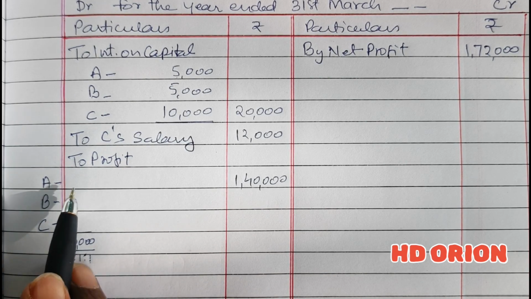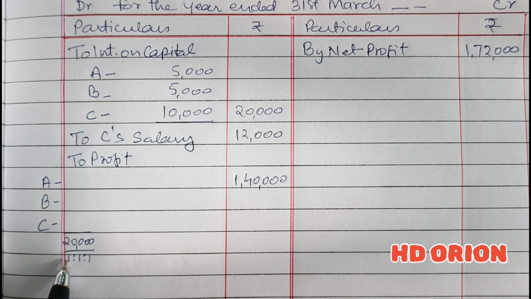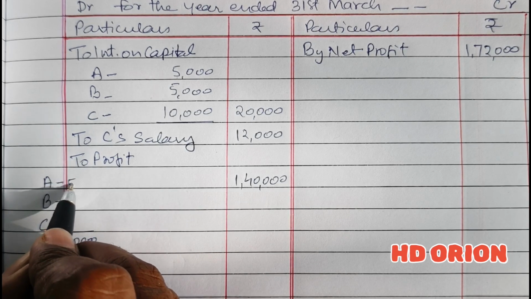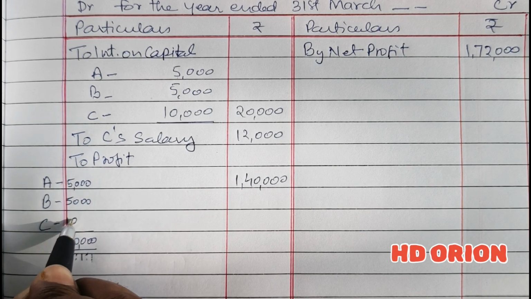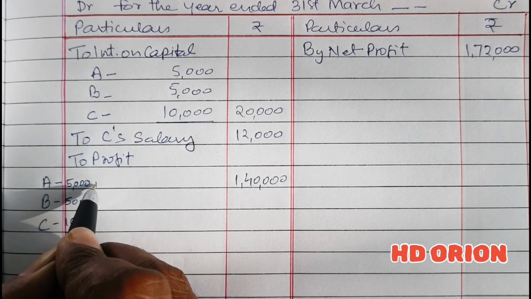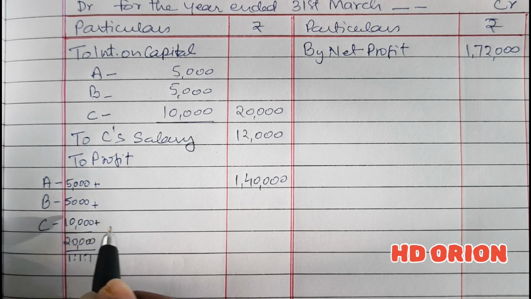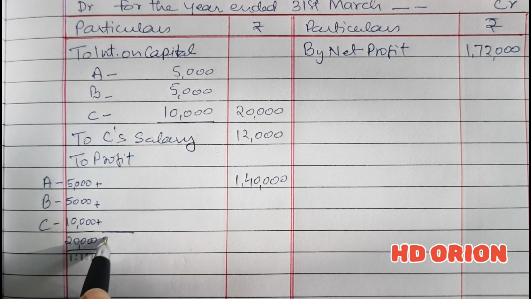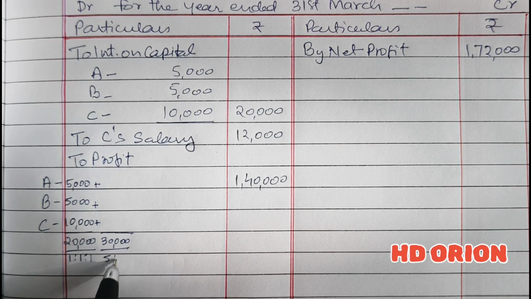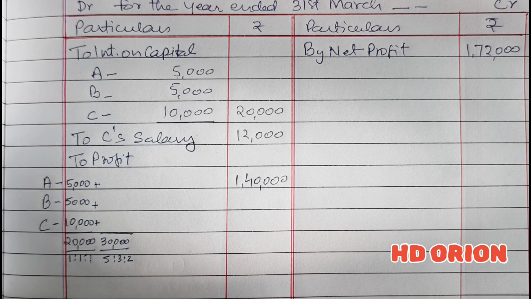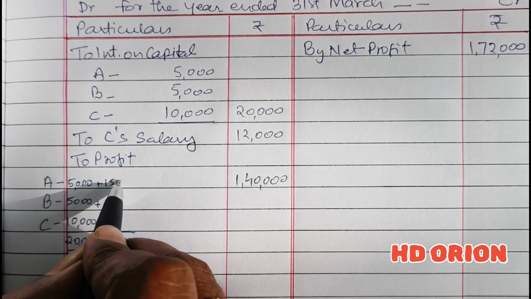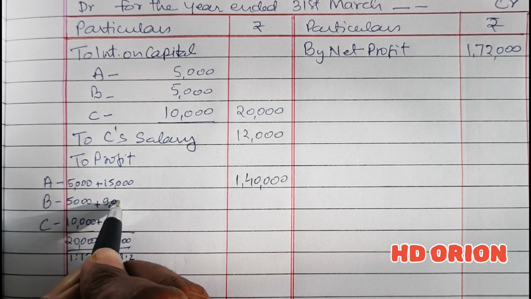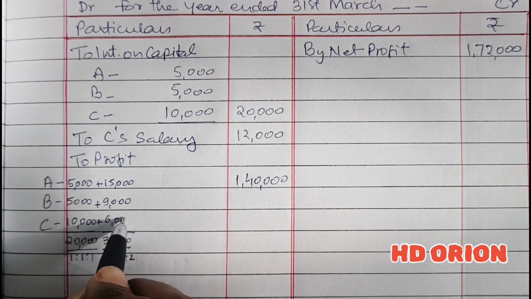So the first 20,000 will be distributed in this ratio, and when we break it, we get 5,000 for partner A, again 5,000 for partner B and 10,000 for partner C. Then the next 30,000 is to be given in the ratio 5:3:2. So when we divide in 5:3:2, A gets 15,000 rupees, B gets 9,000 rupees and C gets 6,000 rupees.